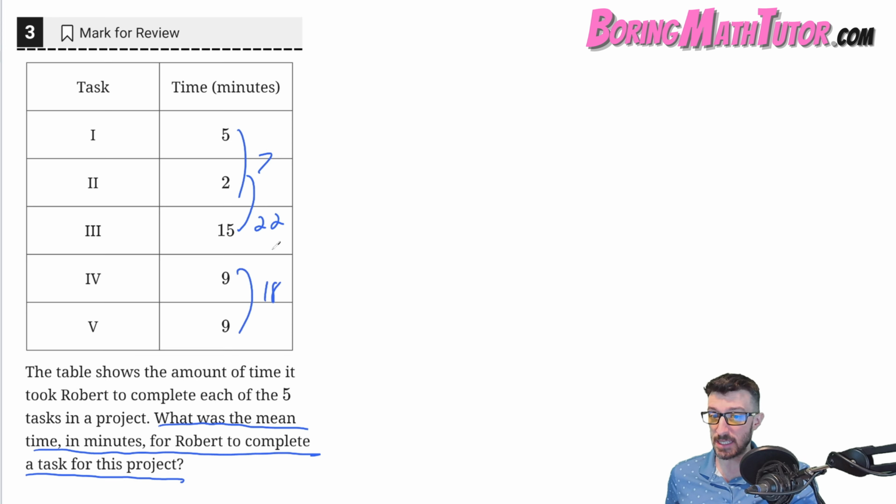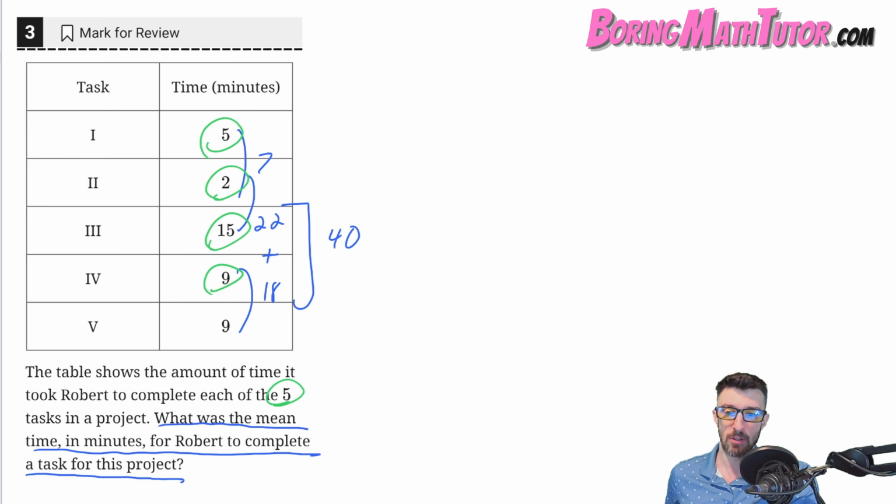Then 18 plus 22 gets you to 40. But then we have to divide by the number of numbers that we just added up, which of course is 1, 2, 3, 4, 5. 40 divided by 5. You don't need decimals for that one.